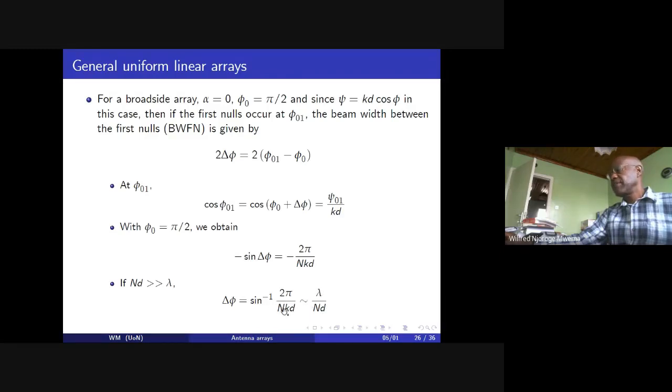That gives lambda by nd in radians. So we see that the beamwidth is proportional to the inverse ratio of the total length of the array to the wavelength.